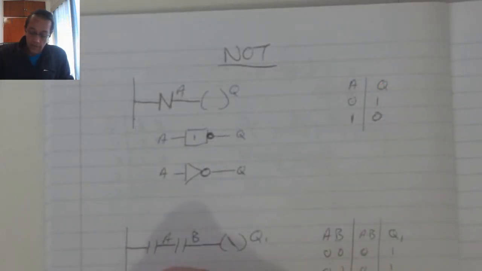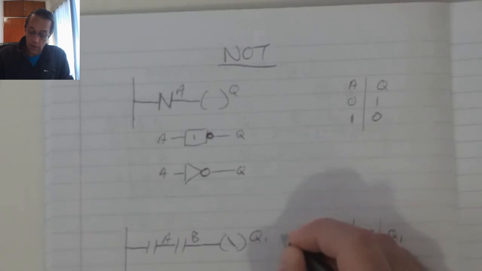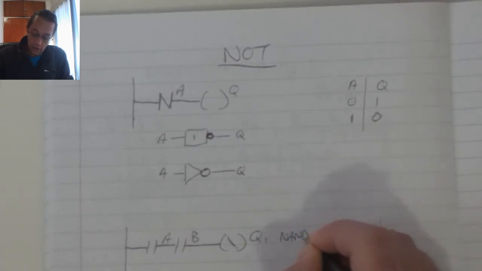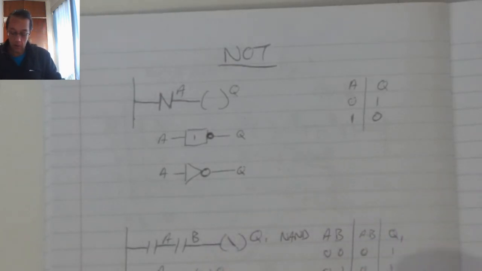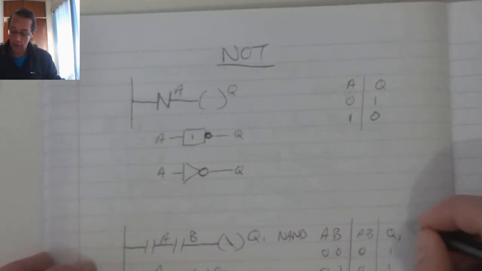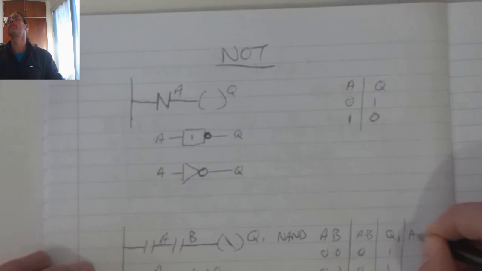We can take this a step further and do the OR. Okay, this is the NAND function, A and B, Q2 NOTed.